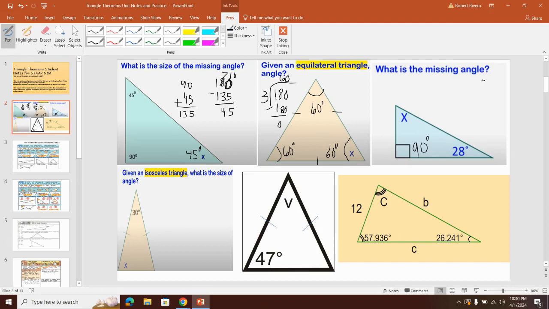So I can add those two, and that gives me 118 degrees. Now to find x, I would subtract from 180. So we subtract the 118 from 180 so we can find the third angle.